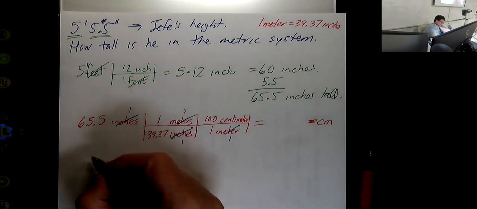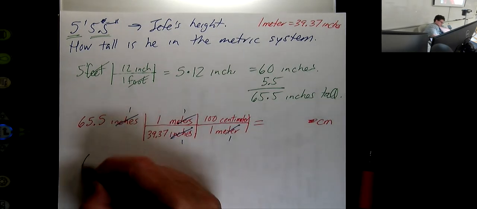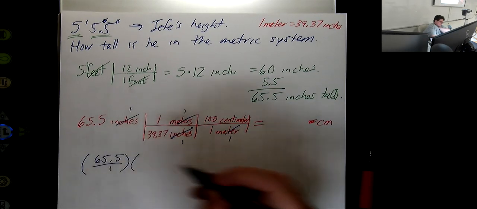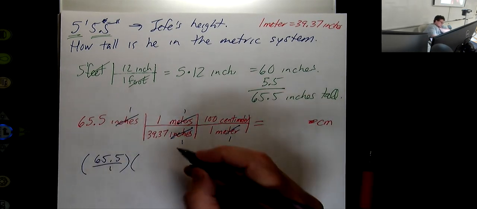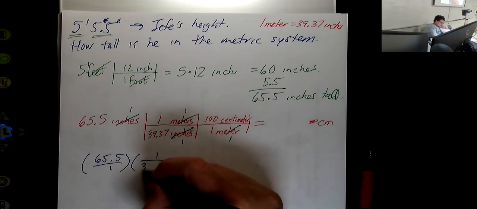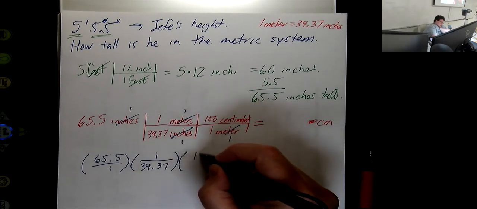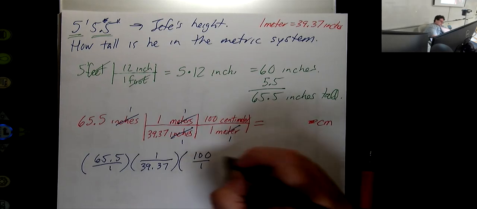So what I have, if I get rid of all the bridges and just use parentheses, I have 65.5 times 1/39.37 times 100/1 centimeters.